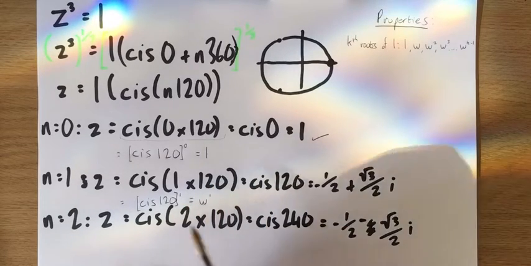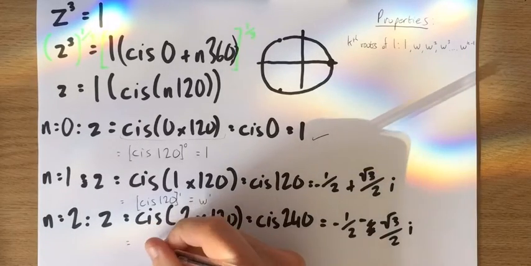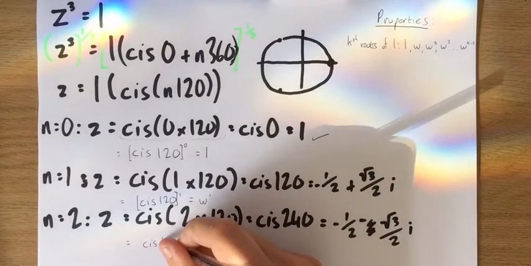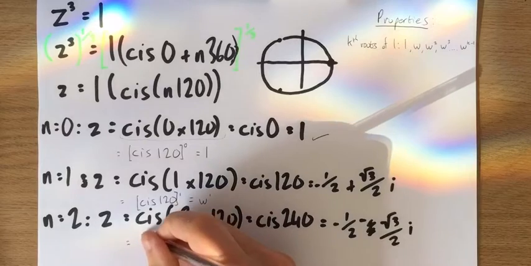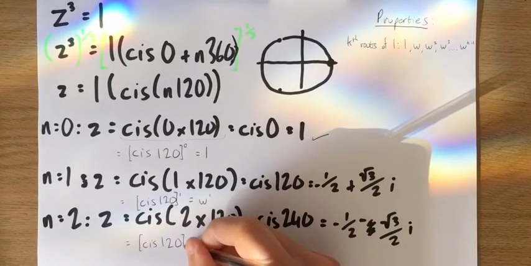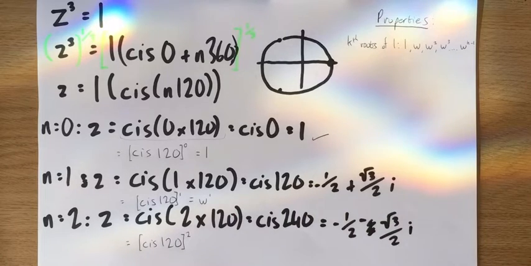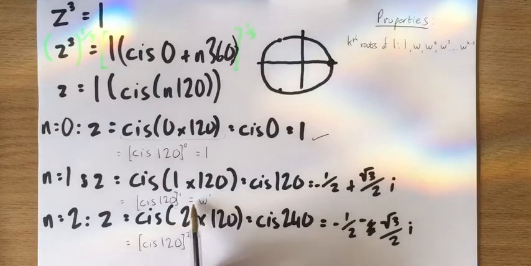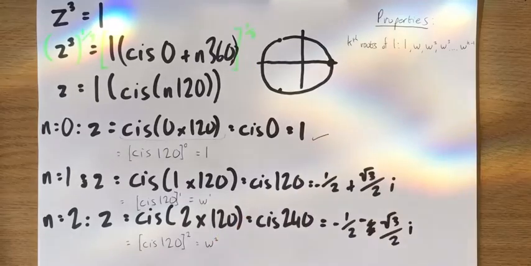Then cis of 2 times 120, that's the cis of 120, and instead of multiplying that angle by 2, let's bring the 2 up to the power. Again, that's just applying De Moivre in reverse to the normal way we use it. So it's cis to the power of 2. I've already said I'm calling cis of 120 omega, so this is omega to the power of 2.